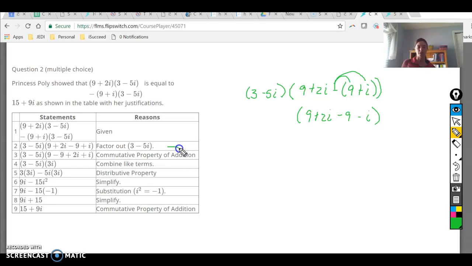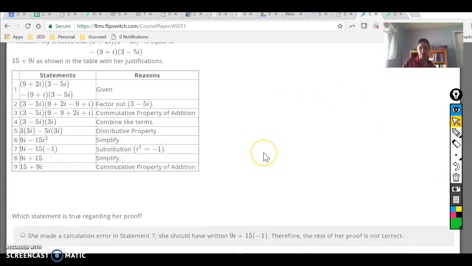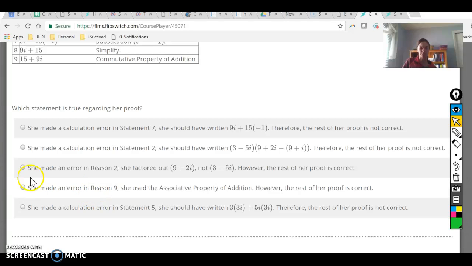I can tell you right now that while factoring out 3 minus 5i is a correct step, and the correct reason, her statement, what she did wrong right here, is going to make everything else incorrect. So we can say she made her error in statement 2.